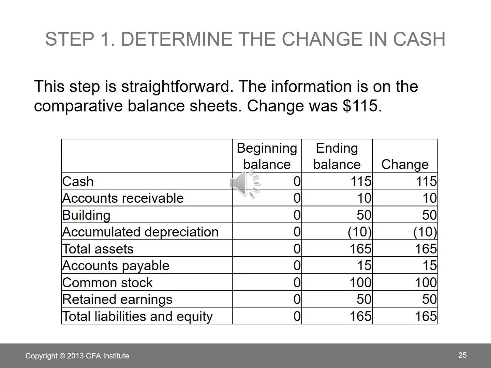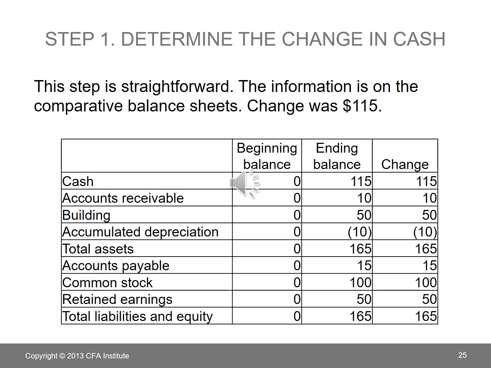The company sells stock for $100, increasing cash by $100 and common stock by $100. It purchased a building for $50. Its primary line of business, as we discussed, is selling services, so we don't have any cost of goods sold or inventory. It decreased cash by $50 and increased building assets by $50.